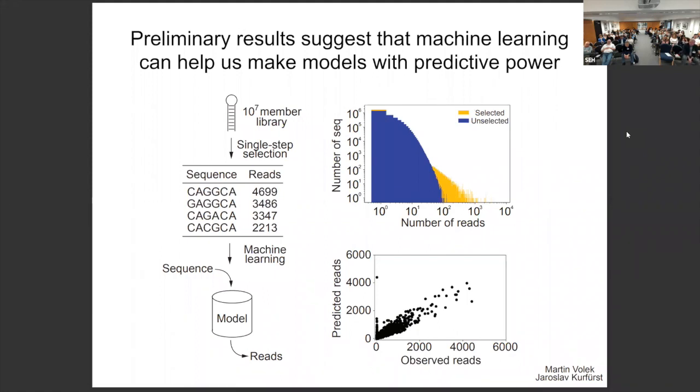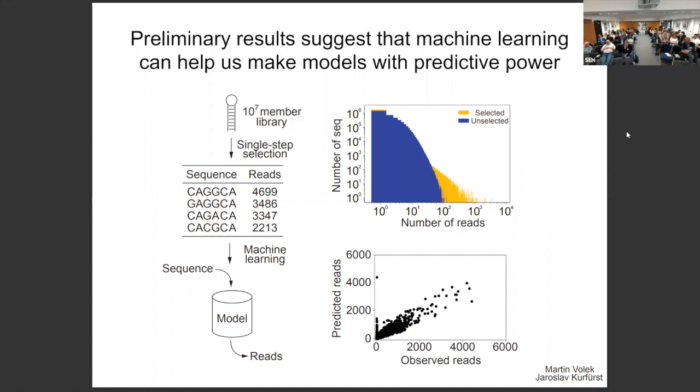And what Martin was also able to show is that read number is correlated with catalytic activity. So this is kind of a breakdown of the activities of about 10 to the 7th sequences for the secondary structure. Yarda has now been using different machine learning approaches to try to make a model, and the goal is to input the sequence and to get the correct read number as the output.